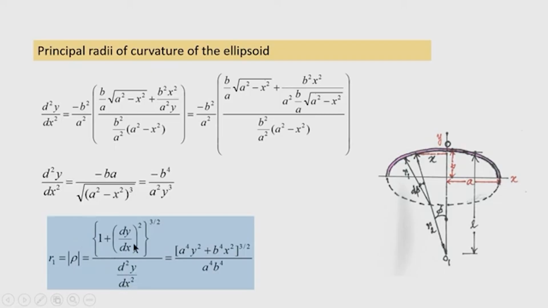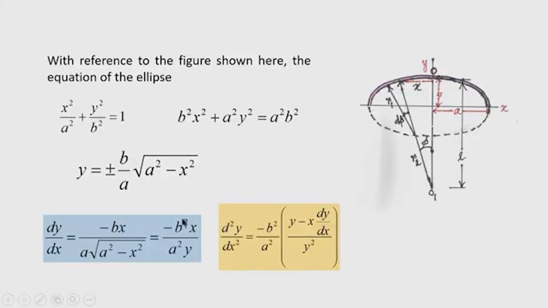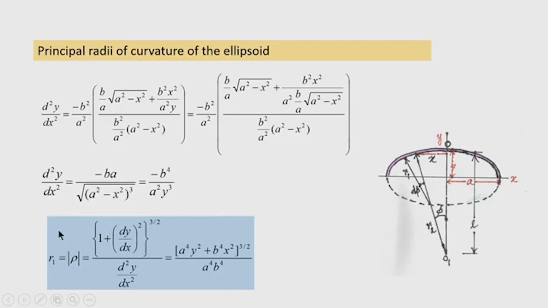So, after substituting the values that we have obtained here for this second derivative and first derivative in the earlier expression, and after simplification with care, you have to take care so that no term is missed and the power is appropriately given.